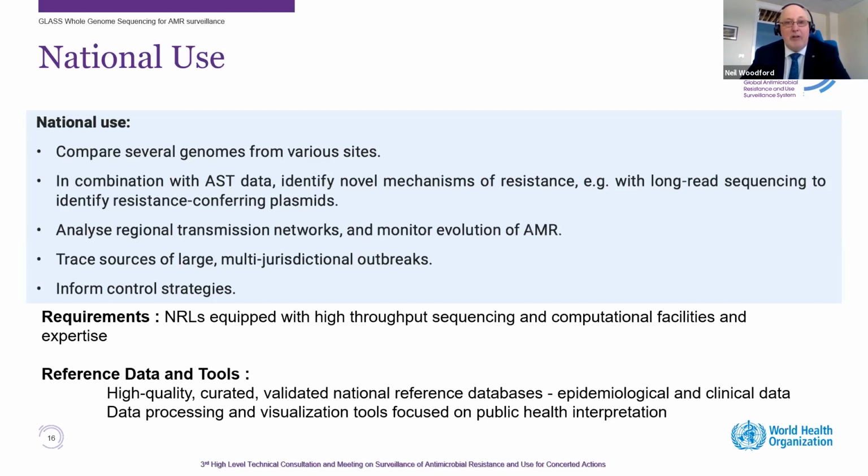Again, we need highly curated databases, but if we're now looking at strains from across countries, we need to be combining it with our epi and clinical data. And we need, ideally, data processing tools and visualization tools, because if we're talking at this level, at country level, we're going to want to make very clear messages to people that won't understand the details of gene sequencing.